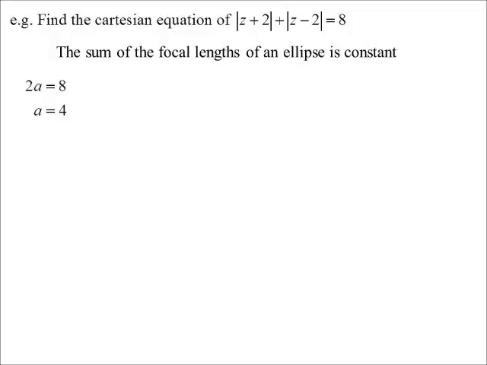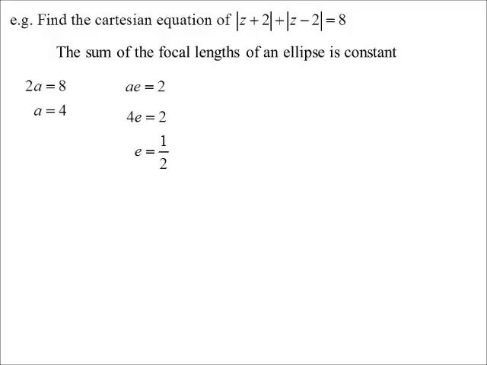So I know for this particular ellipse, a is 4. ae would be the focus. Well, if modulus of z plus 2 is representing the distance to the focus, then negative 2 and positive 2 must be the two foci. It means my ellipse is centered at the origin, which makes life easy. But that also means that ae must equal 2.